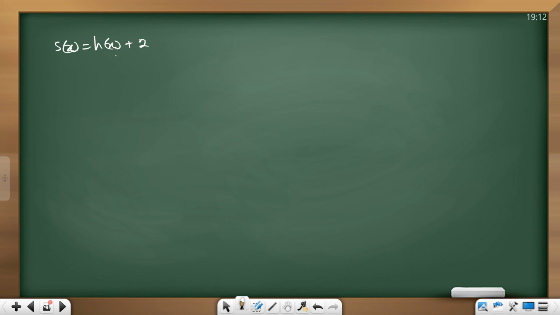Okay, guys, there's a difference between this and this. Good. When it's in the bracket, this is what? Horizontal. And it's plus, it means it is what? Left. This one is outside. It's the whole of that plus 2. It means it's what?